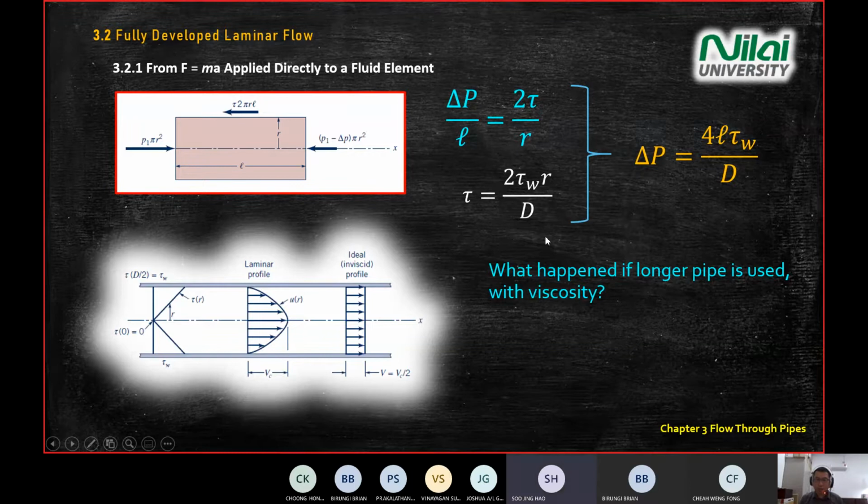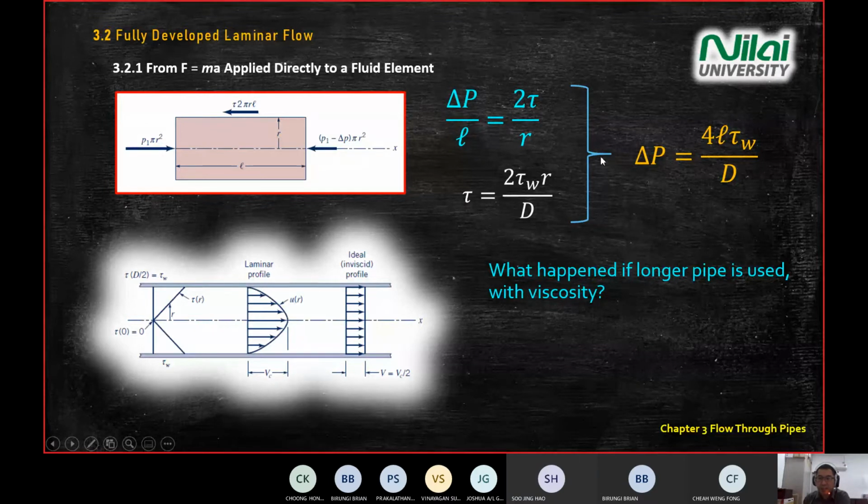Now, Sue, you try to answer this question. Based on the equation that I show on the screen, delta P equals 4L shear W divided by D. What happens if you have a longer pipe? What is the effect on the pressure? Yeah, you have a longer pipe, means your L is increasing.